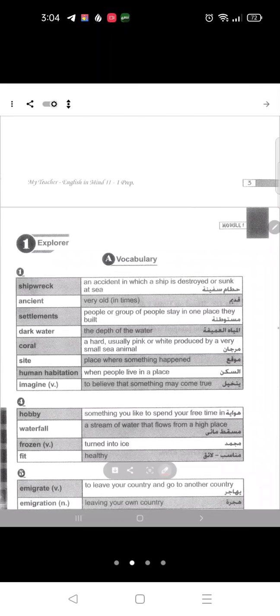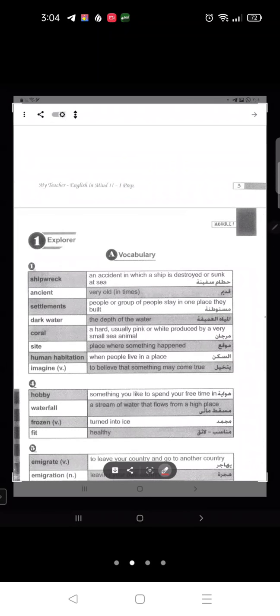The word number 1, it is explore. The word number 2, it is discover. The word number 3, it is invent. So now I'm asking you a question, so you could open your mics and answer me.